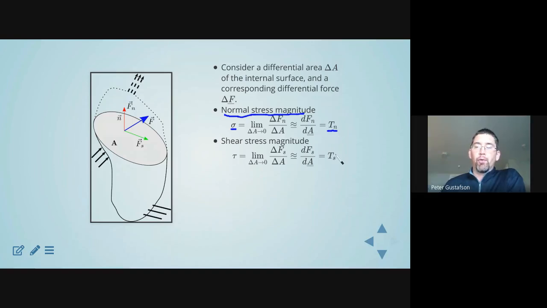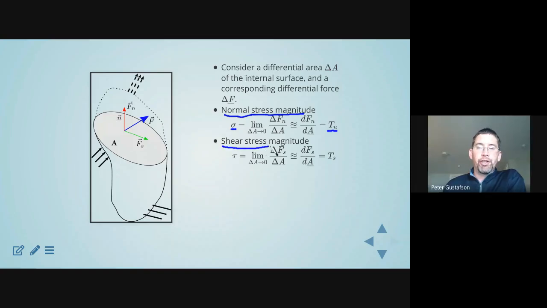That vector is going to be represented by the letter T. We're eventually going to call that a traction vector. So Tn represents the normal component of stress on this exposed surface, and ultimately it comes down to being a derivative. You can think of it as a limit as the area changes of how much the force changes.